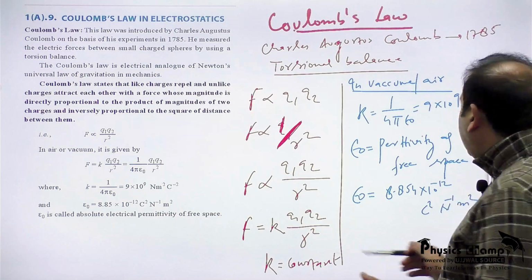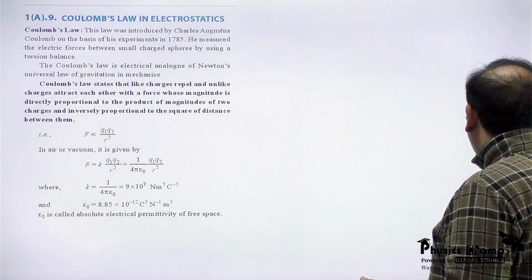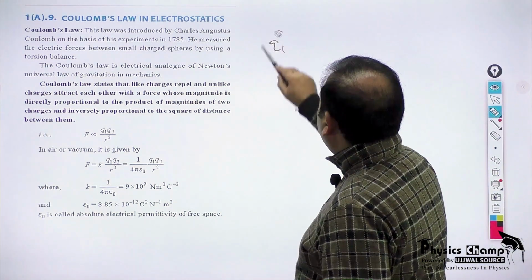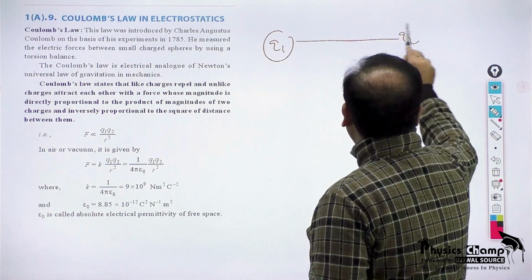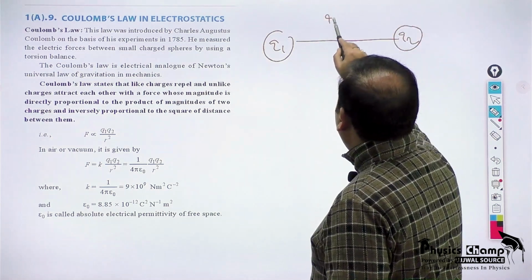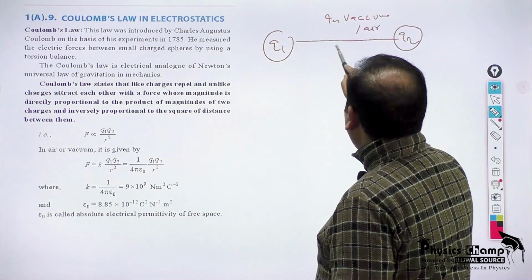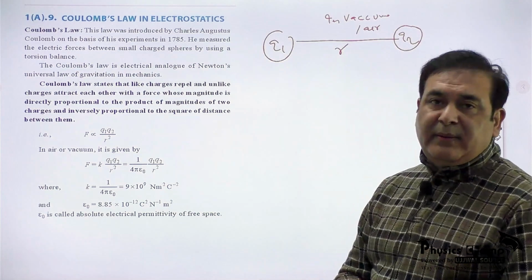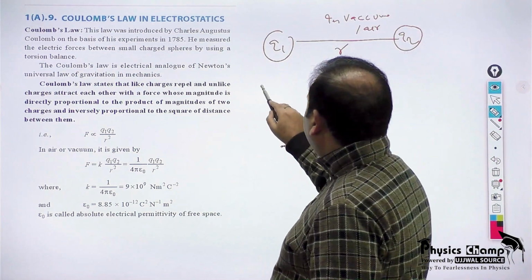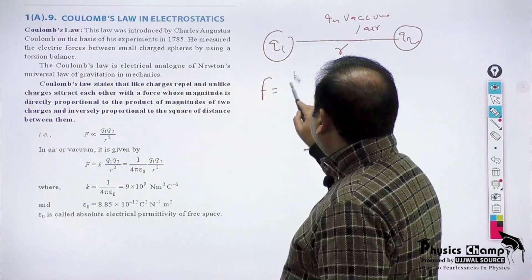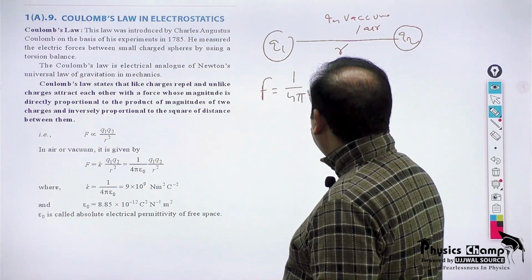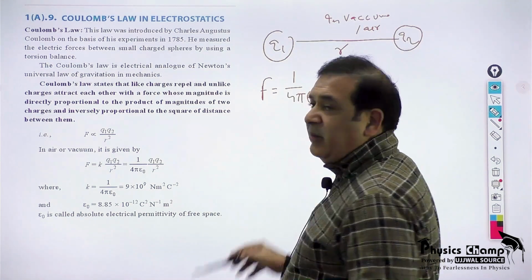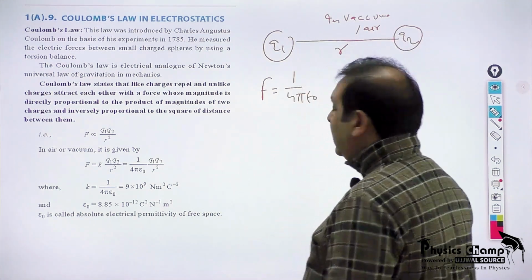Now, if we keep 2 point charges in air or in vacuum, r distance apart, then Coulomb's law says the force between them is 1 by 4 pi epsilon naught q1 q2 by r square, where epsilon naught is the permittivity of free space.